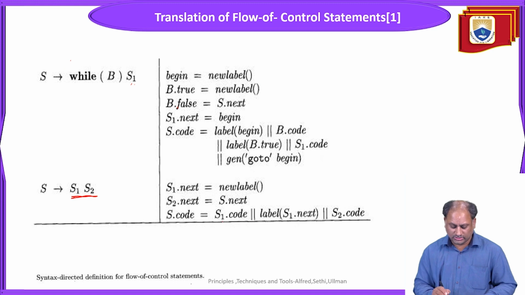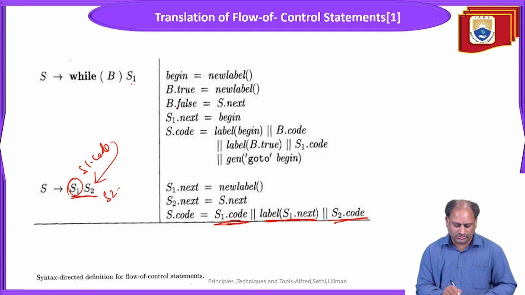In this case, the code is evaluated with S1.code, and after that S1.next, then S2.code. First it evaluates the list of statements with S1.code and generates output, then that is passed to S2. S2.code is evaluated and then goes to S.next. So like this, the code is assigned with the translation of the Boolean flow of control statements.